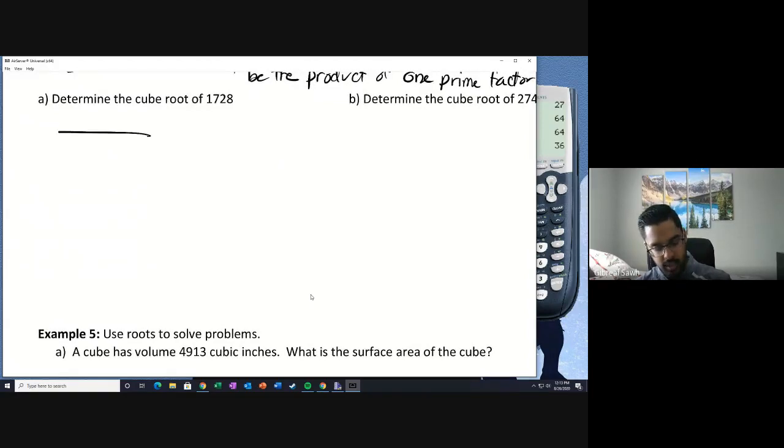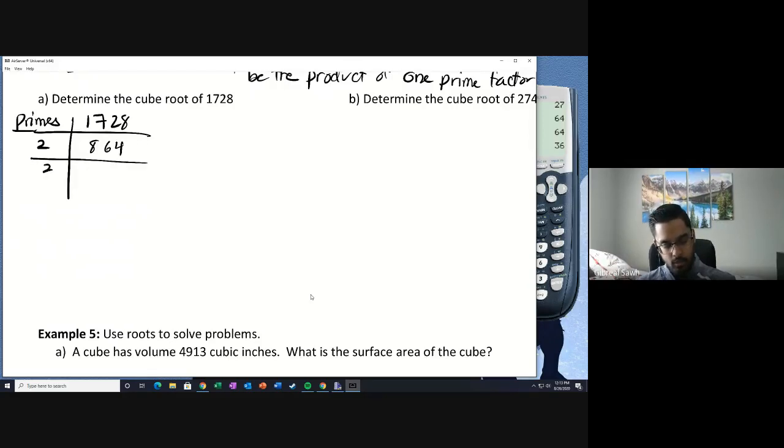So we're going to do the same division algorithm, so with primes. And here's our number, 1728. So away we go, start plugging in primes to divide by. We'll start with 2 because it's even. We're going to get an 864 that comes next. 2, 432 is what you get remaining.